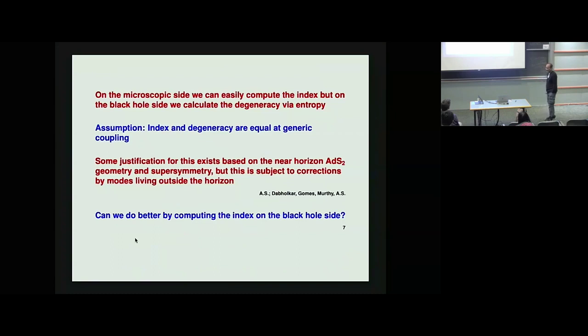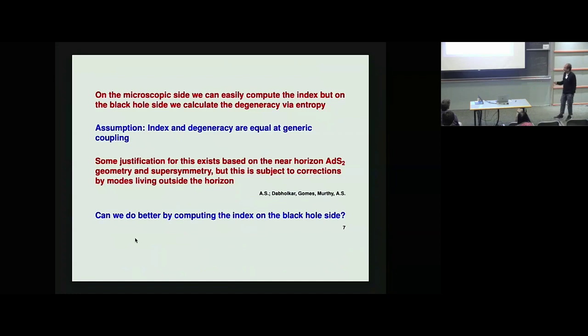While one can argue that as far as the modes associated with the horizon are concerned, the index and degeneracy should be the same for black holes, the black hole can also have modes living outside the horizon, and their contribution to the index is not necessarily equal to their contribution to the degeneracy. So one would like to do better. Is it possible to do better by computing the index directly on the black hole side?